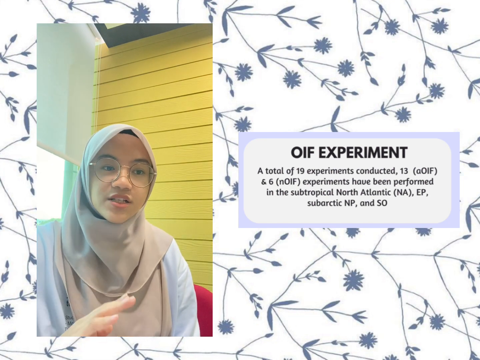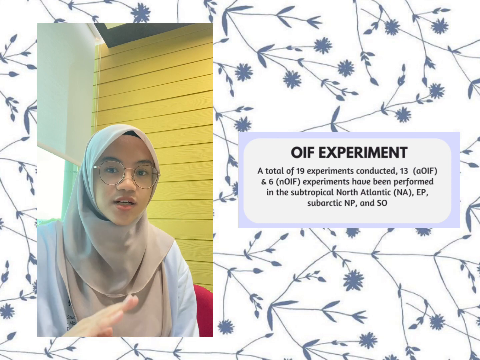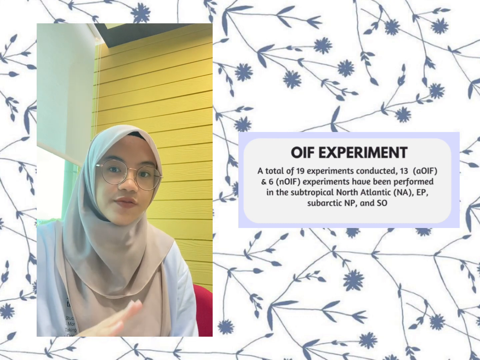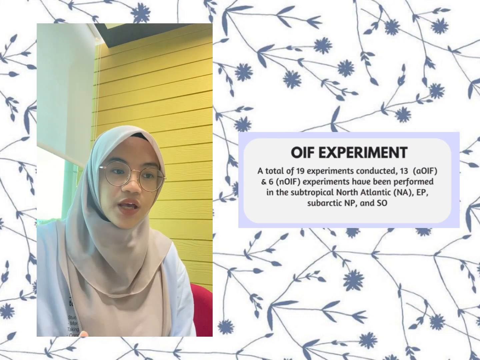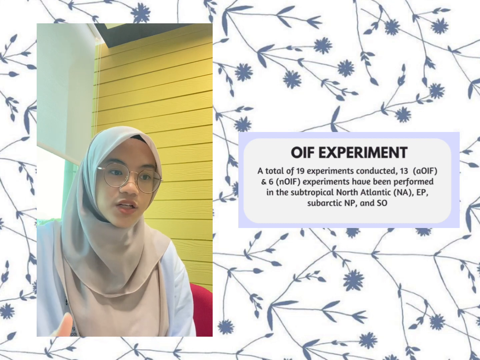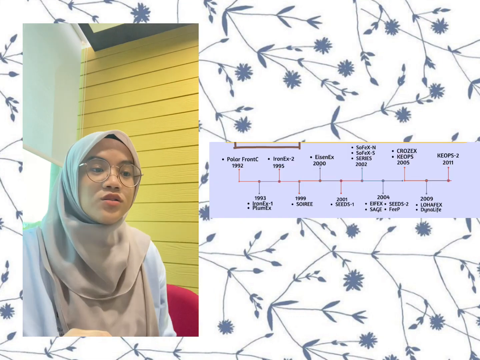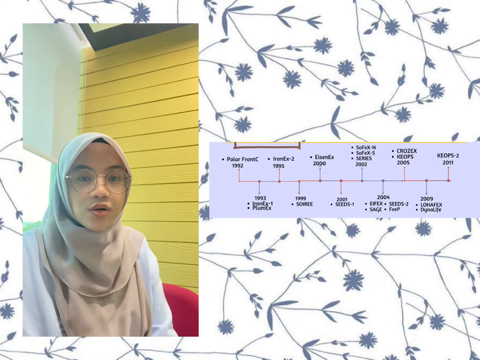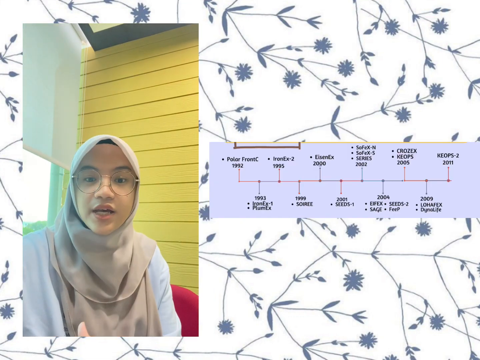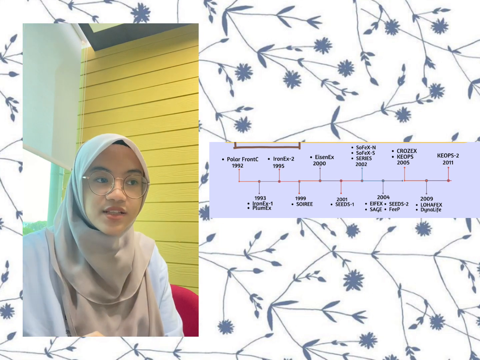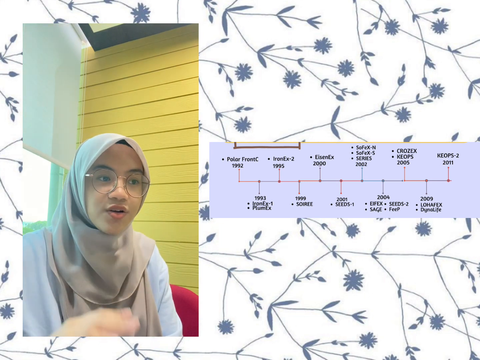Thirteen experiments are from AOIF, known as artificial ocean iron fertilization, and 6 of them are from NOIF, natural ocean iron fertilization. So the timeline of the OIF experiments is, as you can see, from 1992, Polar Frontier had been conducted.